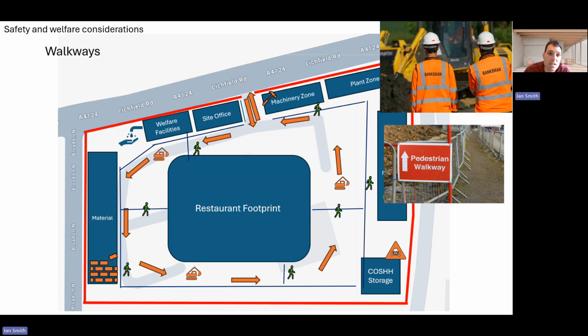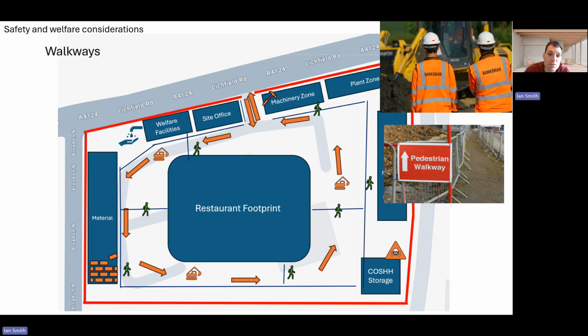There are some key crossing areas, for example, from the welfare facilities to the main building area, from the materials area to the main building area, from the south to the main building area, and from the waste and recycling to the main building area.